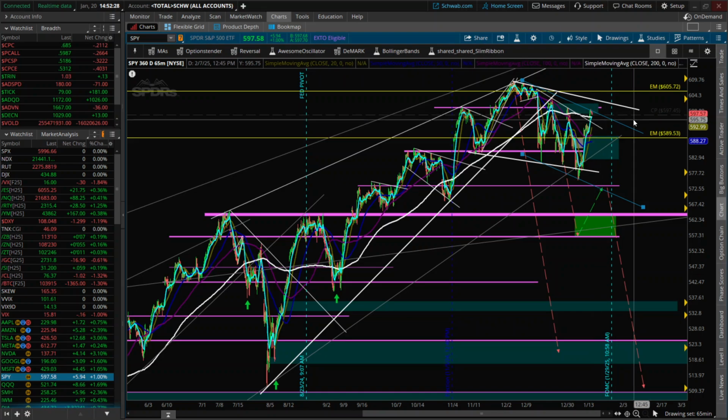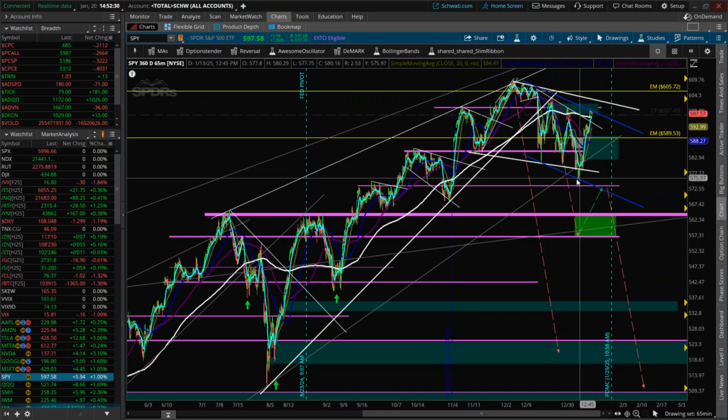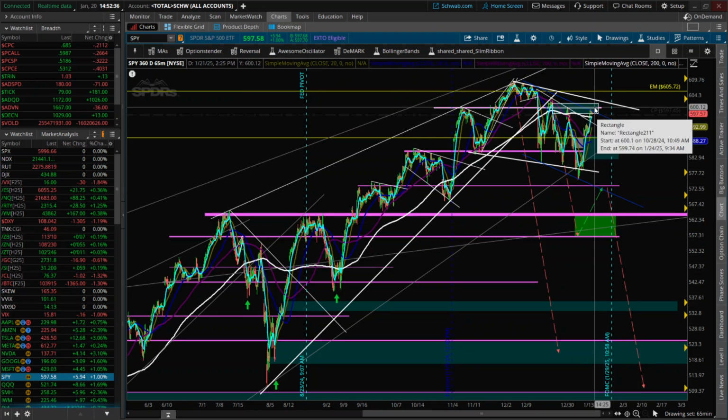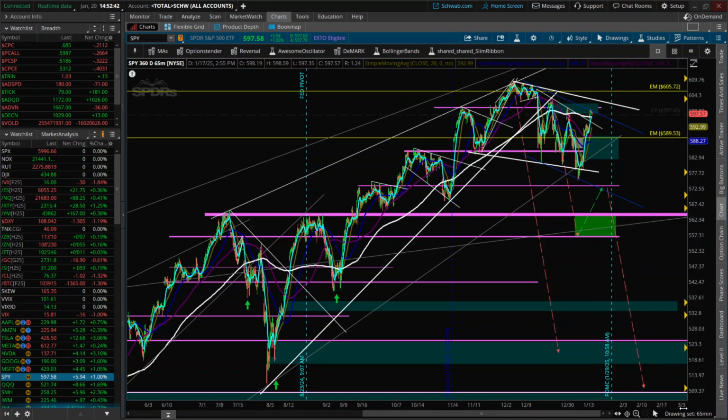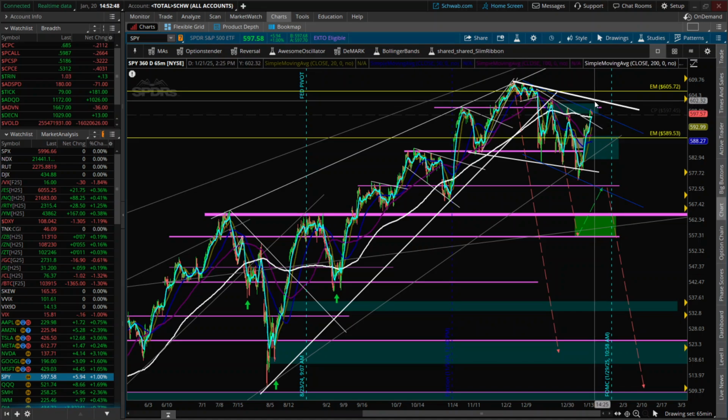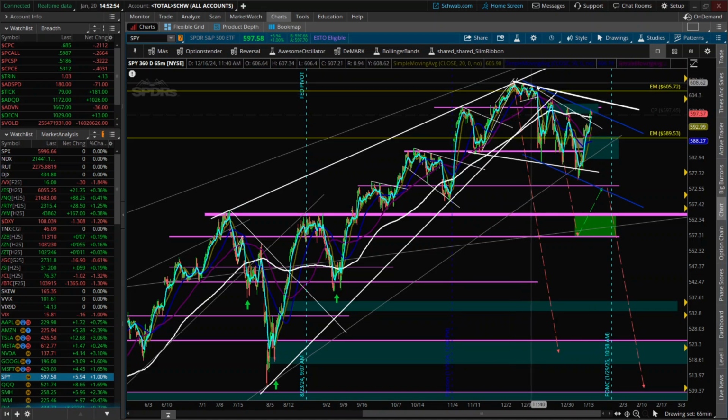But if price wants to ignore this, because we're just drawing this out now, maybe it spikes up into tomorrow with the small caps being so strong. So we have maybe 599, 600 right here, but then we're looking at about 602, just underneath would be the downtrend line from these 3 peaks here.